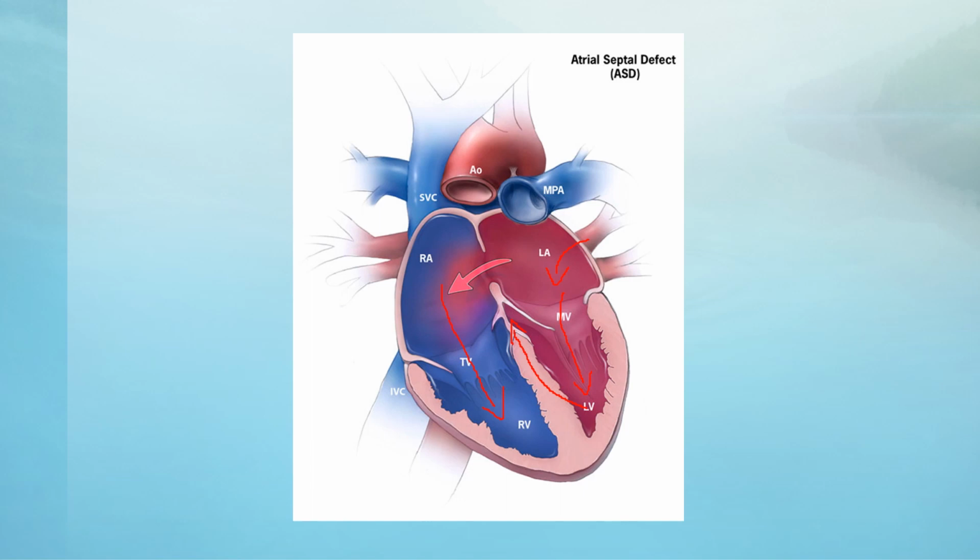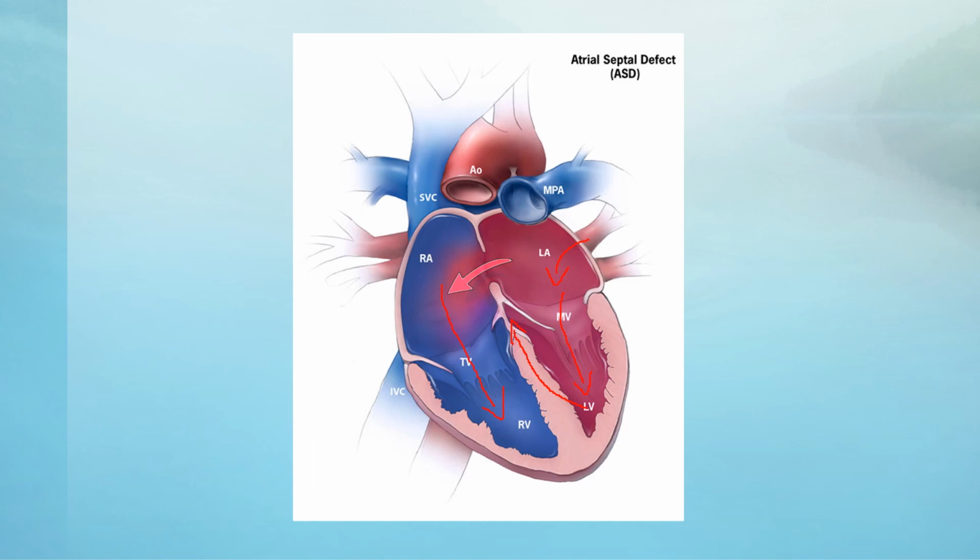But in case of atrial septal defect, since the defect is found in the interatrial septum, what happens? The blood, as usual, flows from the SVC and the IVC into the right atrium, and from the right atrium it flows into the right ventricle through the tricuspid valve. From the right ventricle, it is carried by the pulmonary artery and drained into the lungs for purification.